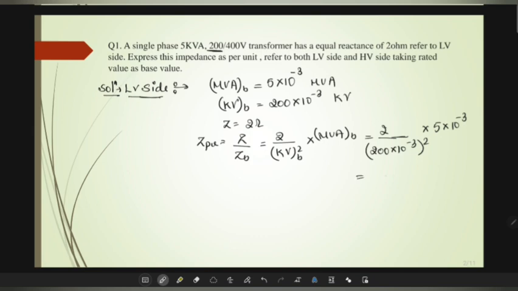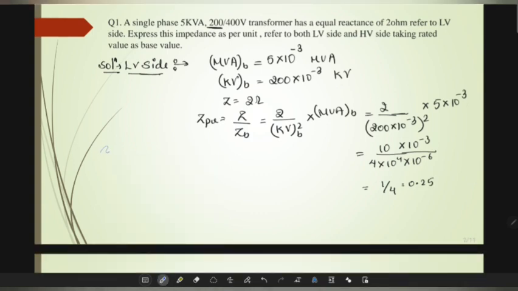If we solve this, we will get 1 by 4, or 0.25.